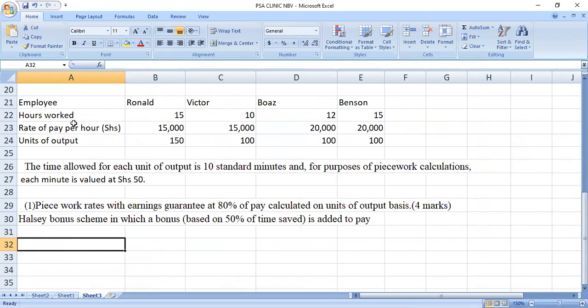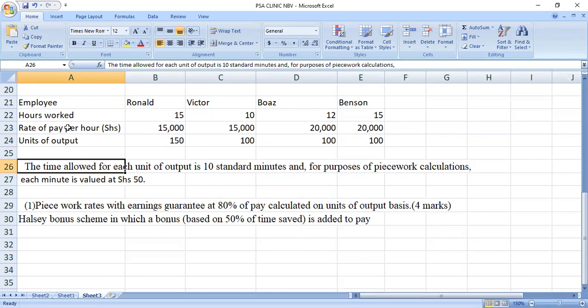If you look through the information, you're given hours worked and rate of pay per hour, so this one is time rate. You're given units of output, what they produced. Then below here they're saying the time allowed, clearly that's the standard, for each unit of output is 10 standard minutes.